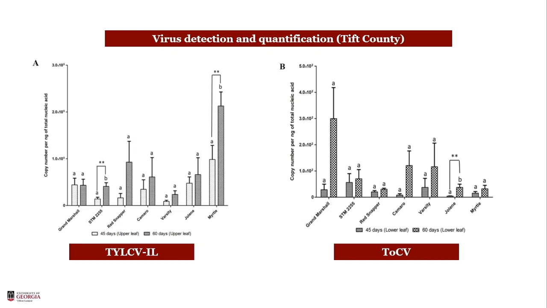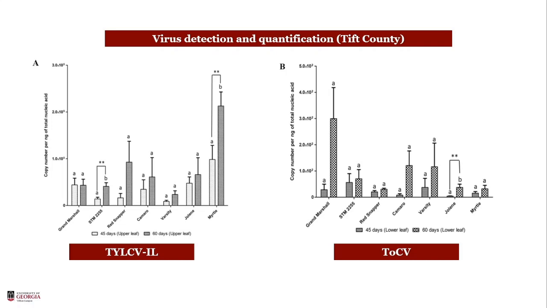So we looked into the presence of the virus in these plants. At 45 days and 60 days for TYLCV, we see the virus is present in almost all, and the variety that has no resistance gene has more virus compared to the others. And for the other virus, ToCV, we see that Grand Marshal and others almost all have a very high level of virus accumulation.